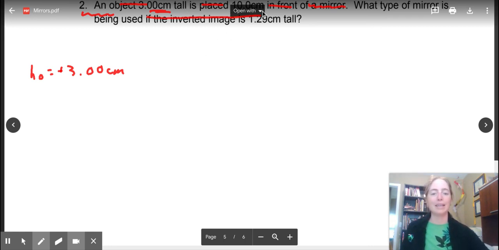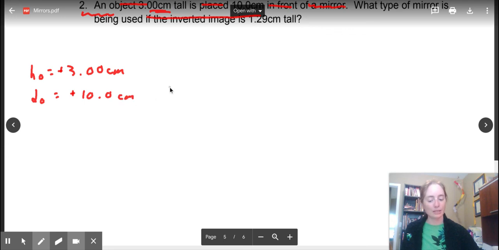It is placed 10 centimeters in front of a mirror. So that is going to be our DO, and the distance of our object is always going to be positive. And the inverted image is 1.9 centimeters tall.